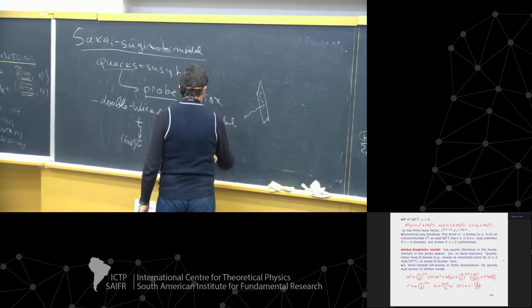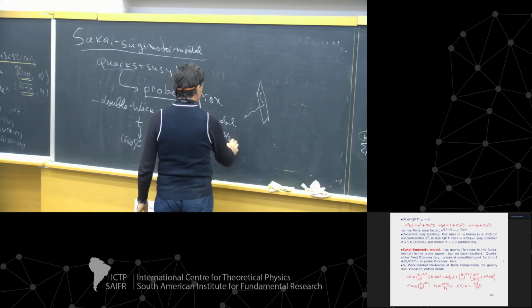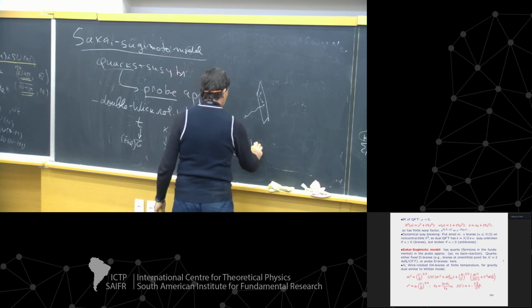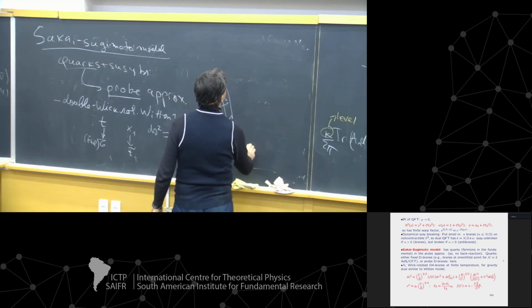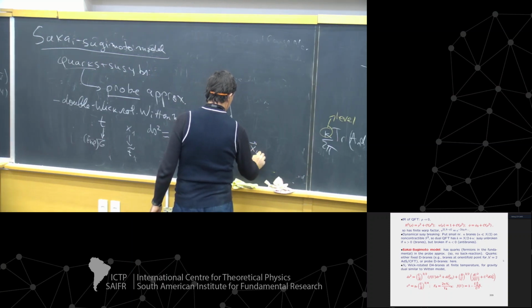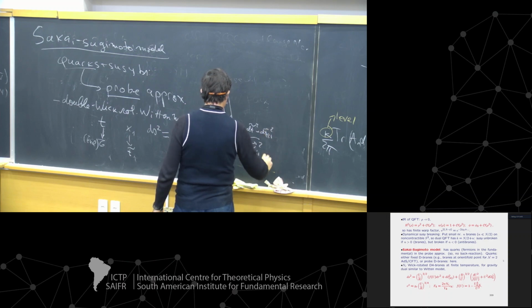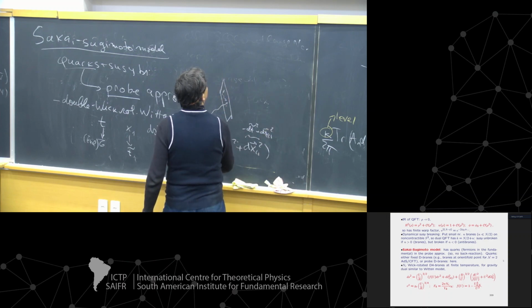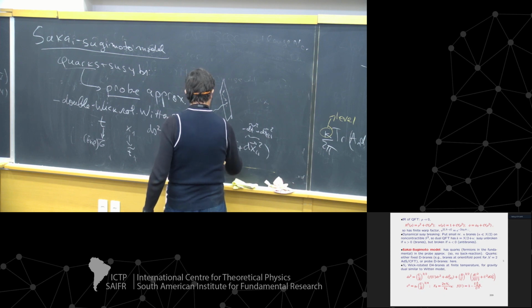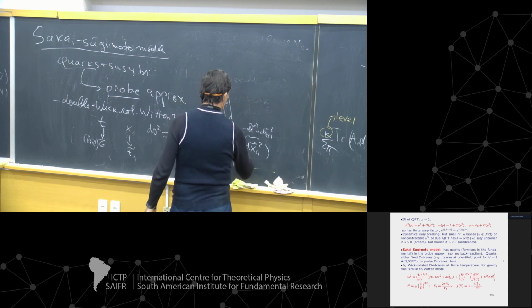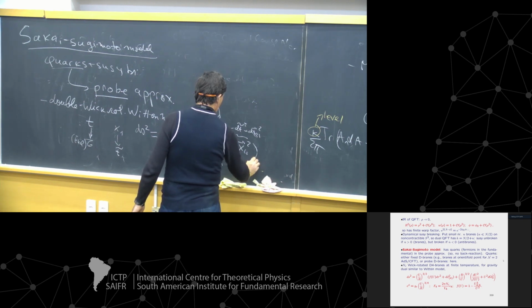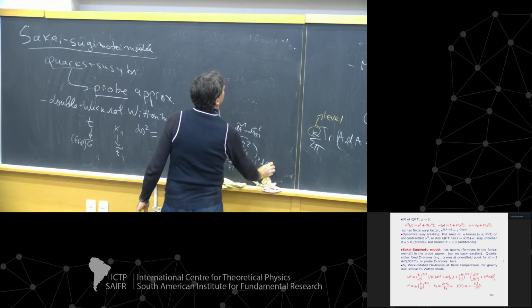So the metric there was (u over R)^{3/2} (f(u) dτ² + dx4²), by which you mean minus dt̃² + dx3², plus (R over u)^{3/2} (du²/f(u) + u² dΩ4²).